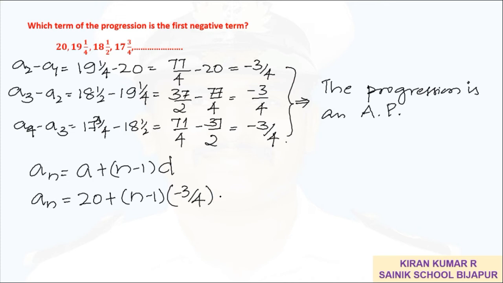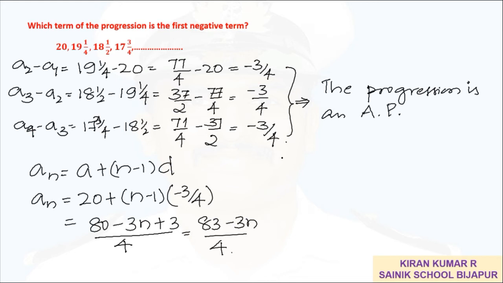Let me further simplify this. I'll get it as 80 minus 3n plus 3 divided by 4, which is nothing but 83 minus 3n divided by 4. Till here it's easy.